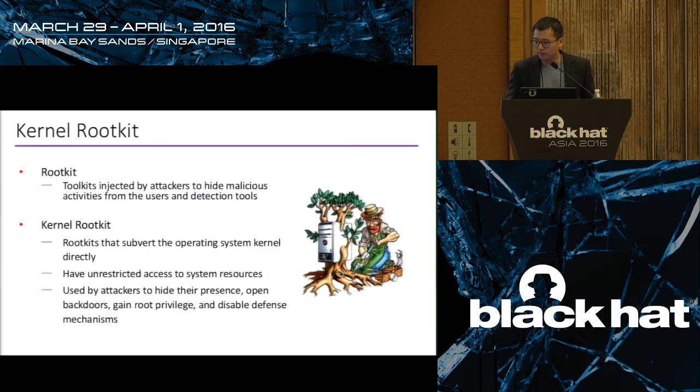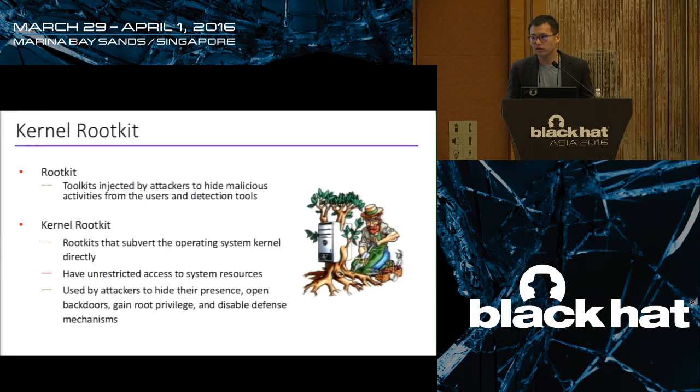All right. Since we're at Black Hat, I assume that most of the audience is probably aware of the general idea of a rootkit. Basically, it is a type of software that an attacker injects into a computer, and then they use it to hide their activities from the user or the detection tool. One type of rootkit that is very stealthy is the kernel rootkit.